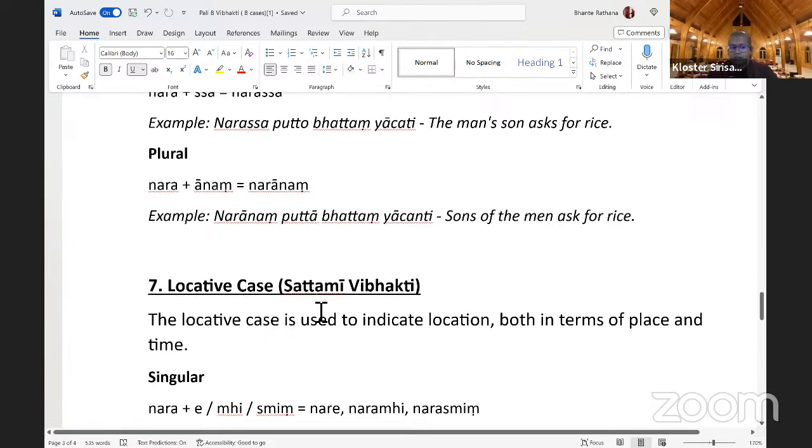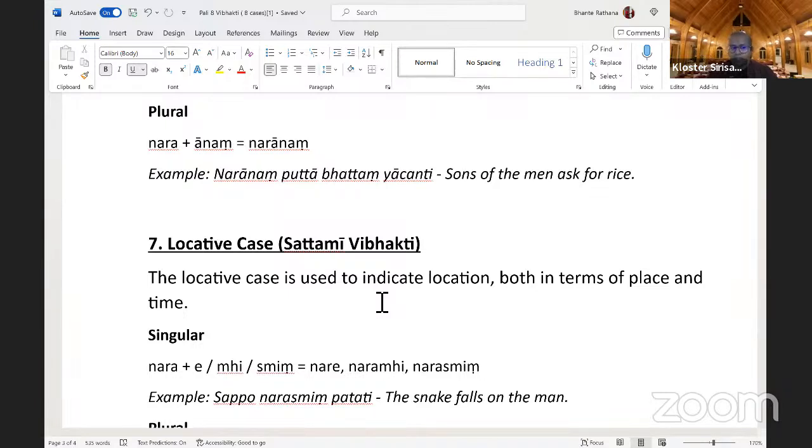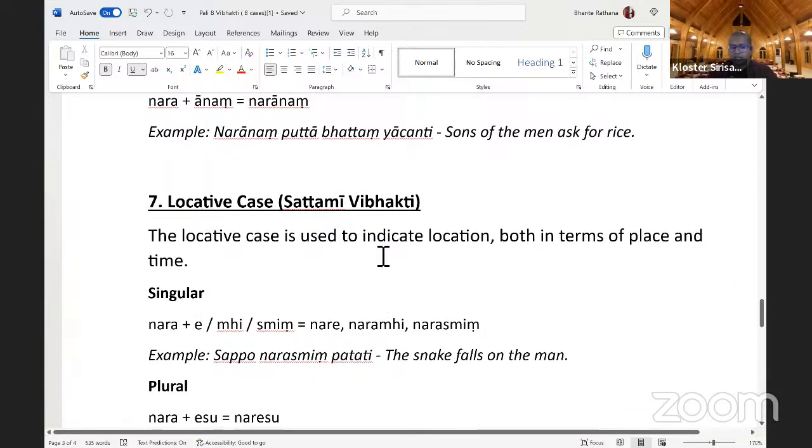And the locative case, sattamī vibhatti in Pali. The locative case is used to indicate location, both in terms of place and time. When you read the Pali Suttas, you can see janapadesu, Buddho viharati, like that. So janapadesu means the locative case, sattamī vibhatti.